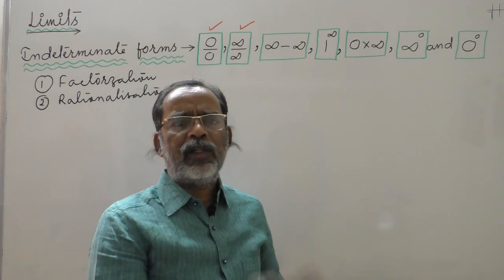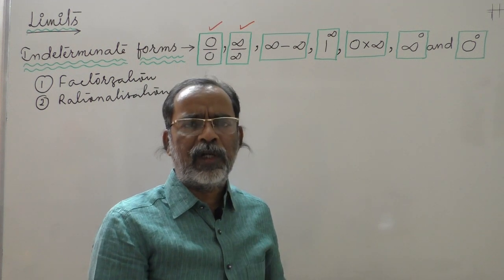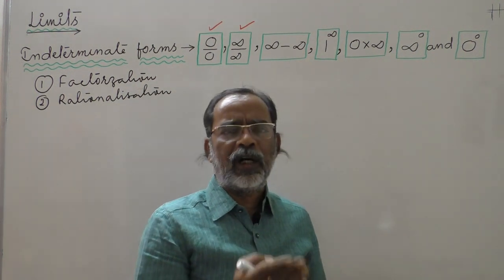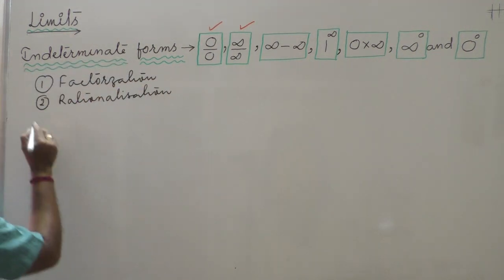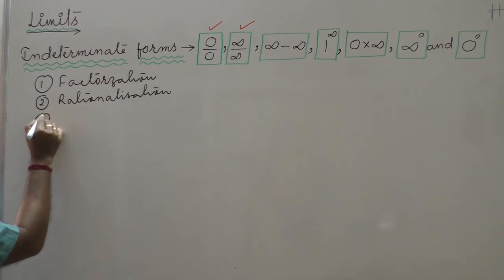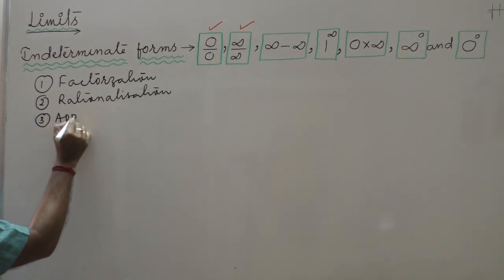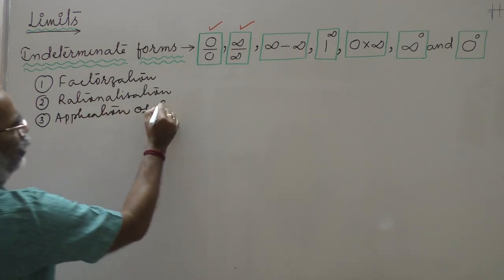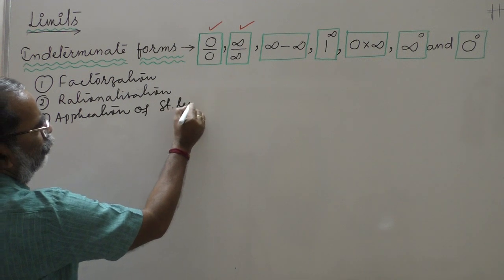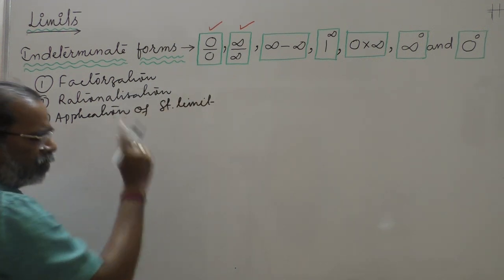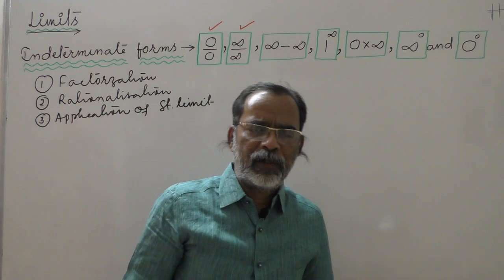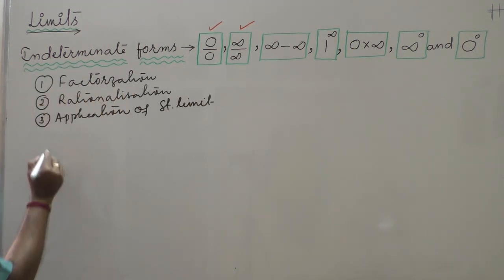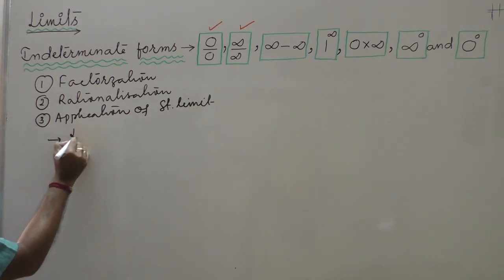So by factorizing you can cut it, or if roots are there you can also rationalize. After rationalizing you cut the common factor, or you can apply any standard limit. There are some standard limits. You can use any standard limit. We will see what the standard limits are.